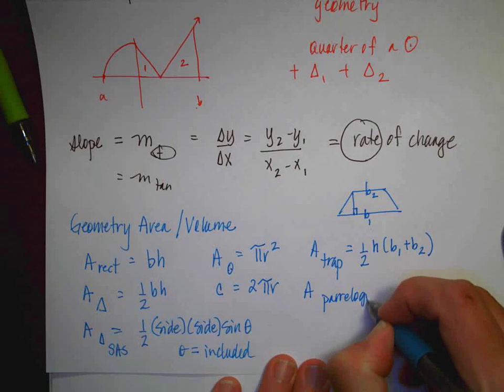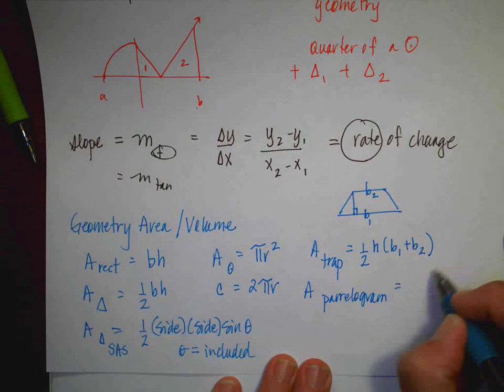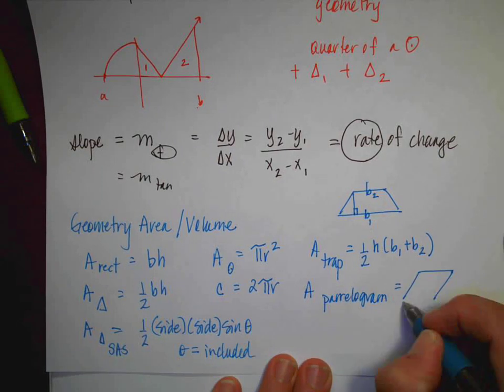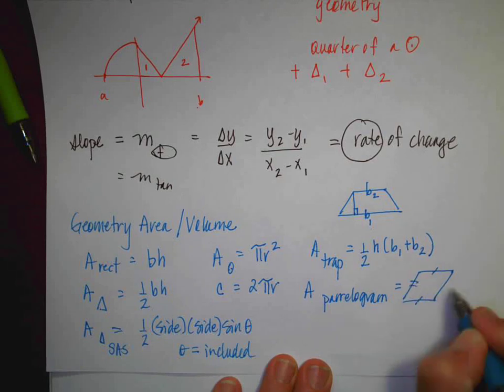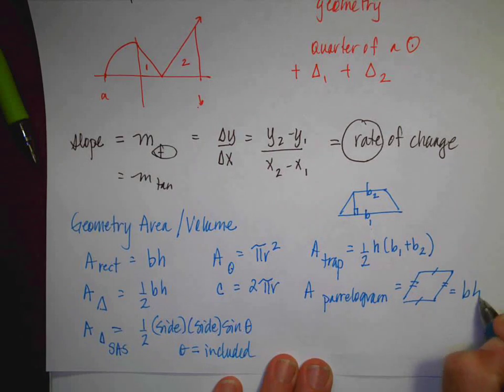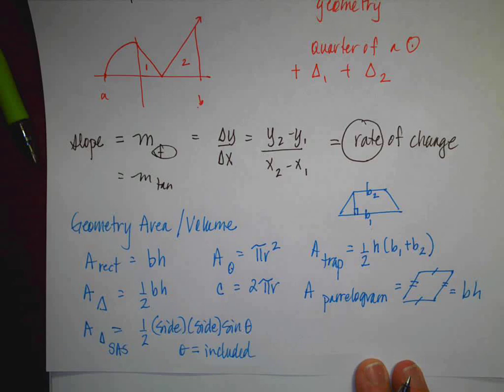The area of a parallelogram, and remember that a parallelogram looks like this. It has two sets of parallel sides, so this side and this side are parallel, and this side and this side are parallel, and basically it's just a rectangle that's been mushed, so it's base times height.